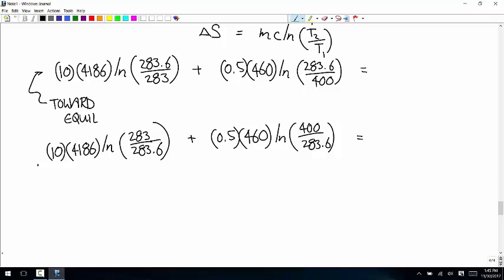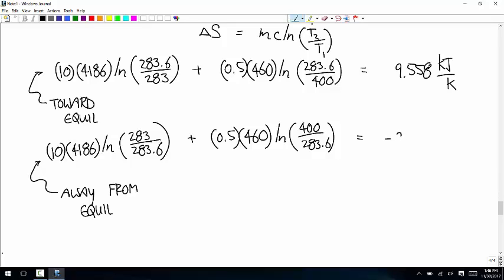So can you calculate that one too? This is away from equilibrium. So anyone who gets one, tell it to me. 9.558. This is in kilojoules per Kelvin. And this is negative 9.558 kilojoules per Kelvin.